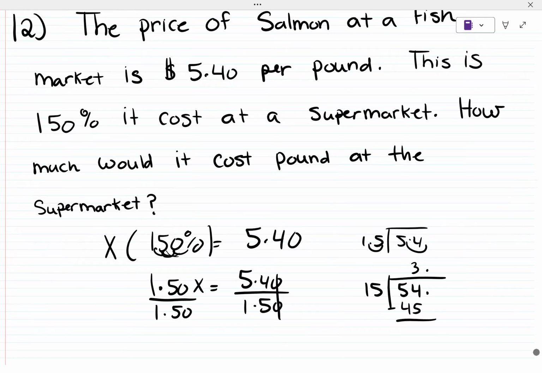Bring down 0. How many times does 15 go into 90? About 6. And 15 times 6 is 90. So it's 3.60. So it would cost $3.60 per pound before the 150% markup.